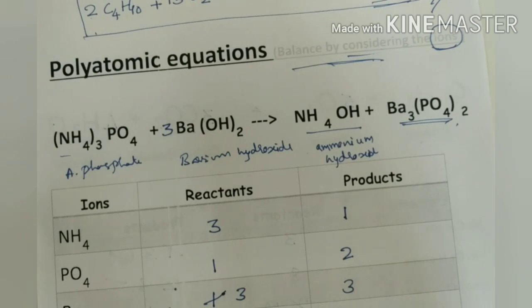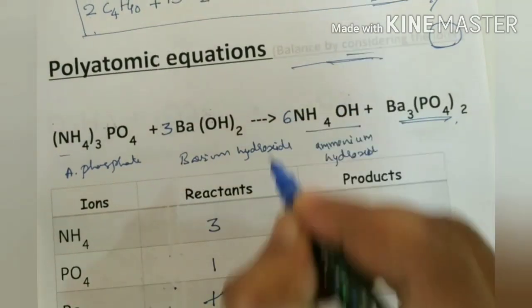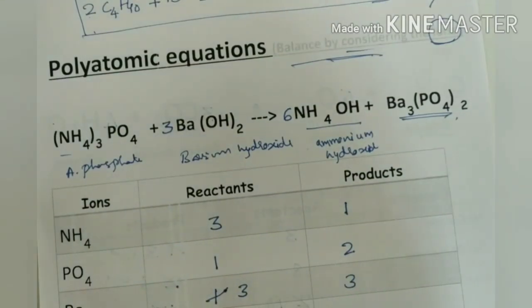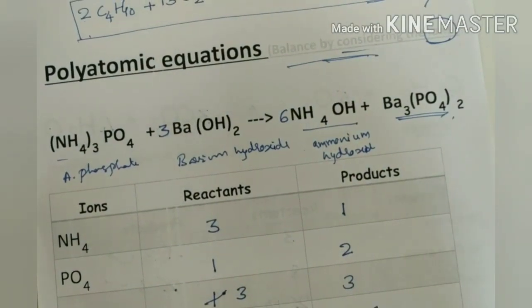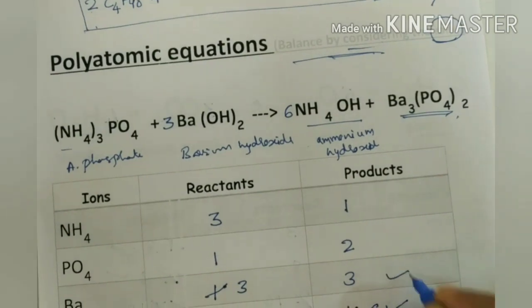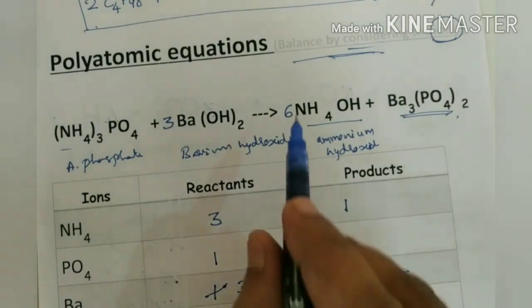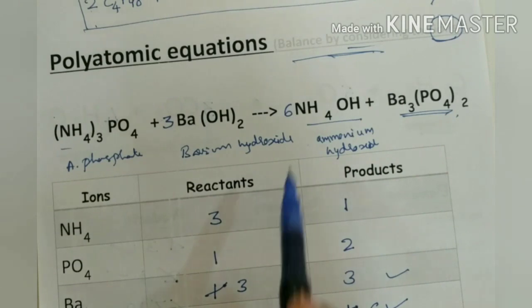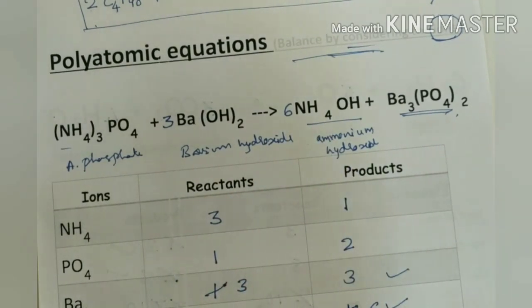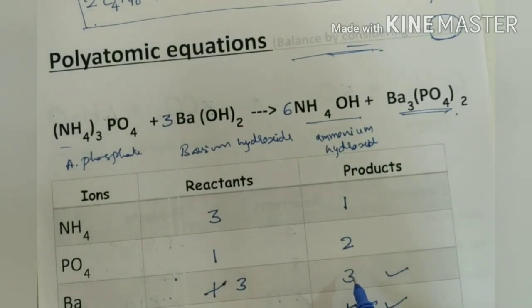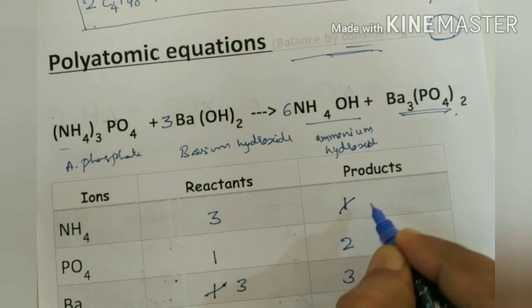To make it 6, I will write 6 here. When I write 6 here, the NH4 also becomes 6. Now this is also balanced, right? When I write that, the ammonium also increases to 6, so this side NH4 becomes 6 now.